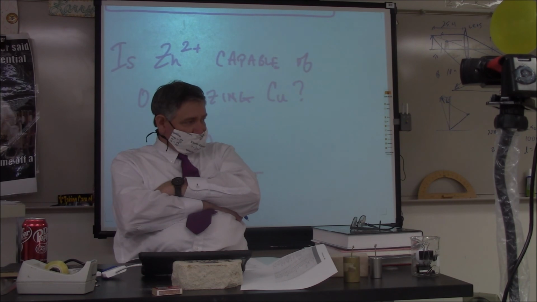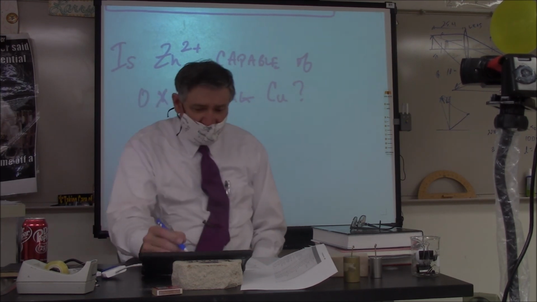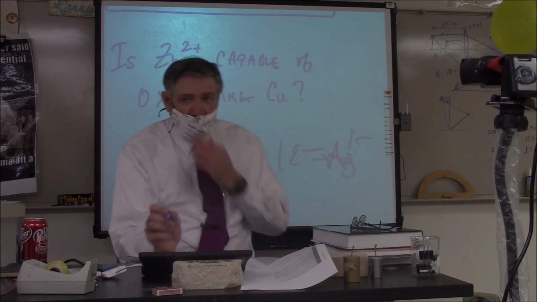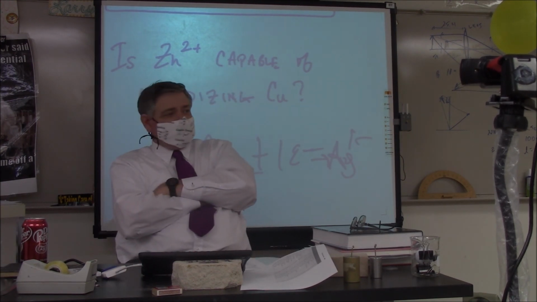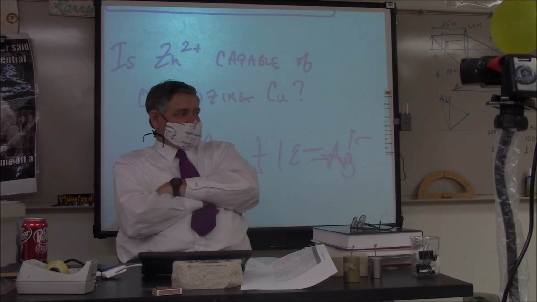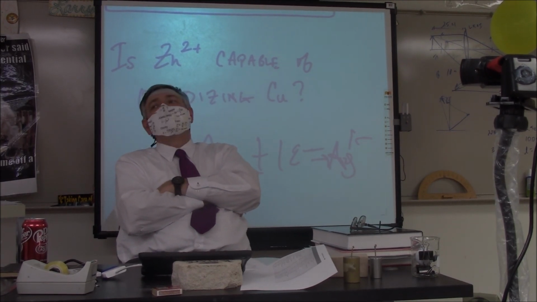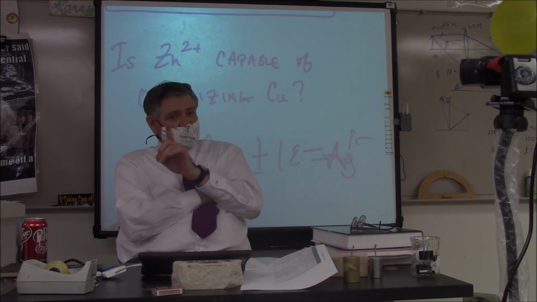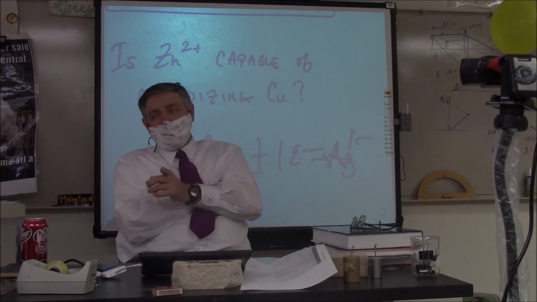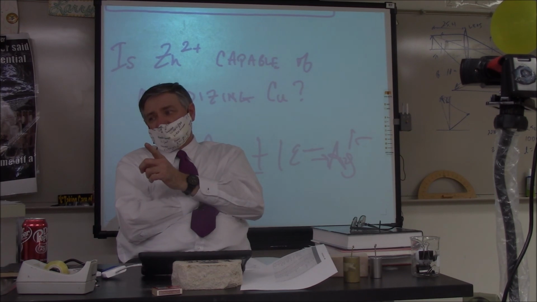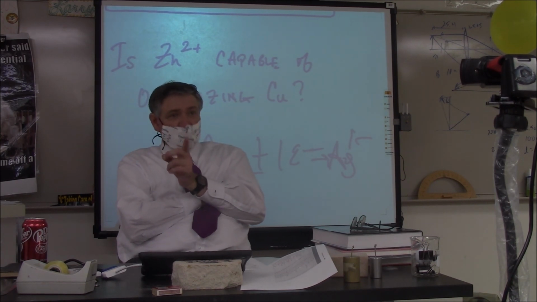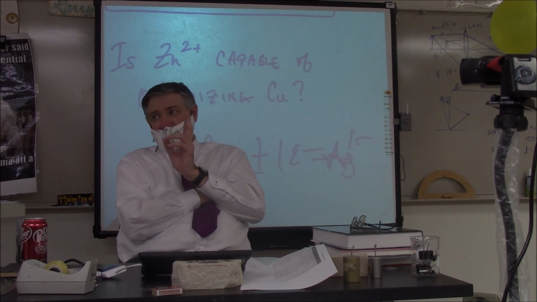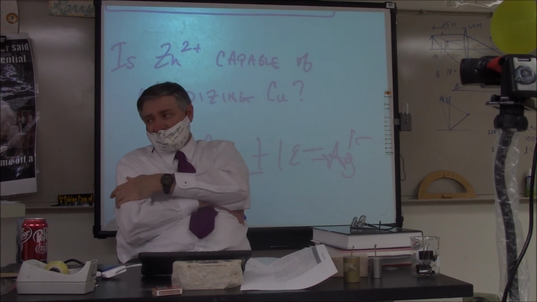If it gained an electron, you would end up with Ag1 minus. Have you ever seen Ag1 minus? No, because it doesn't exist, it's not stable. So silver would be a horrible oxidizing agent. Elemental silver would be horrible as an oxidizing agent. It wouldn't even happen at all, mainly because the silver is at the bottom of the energy well.